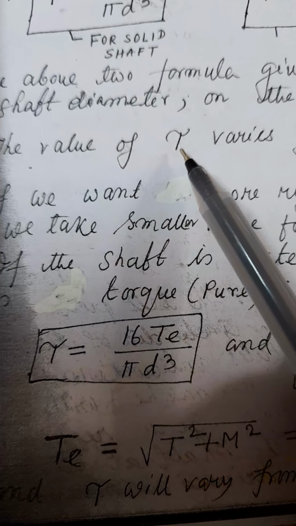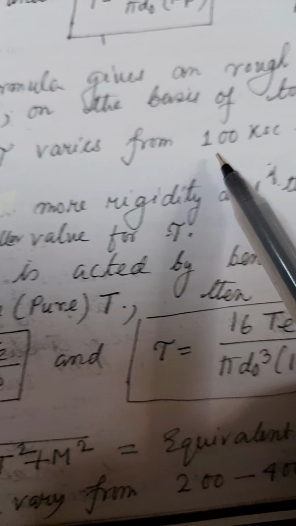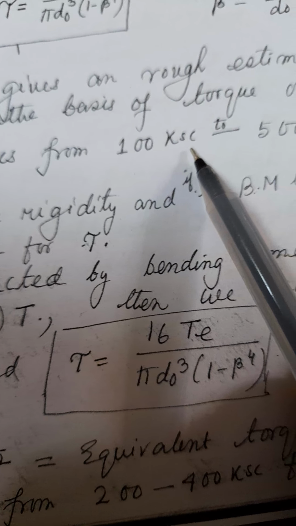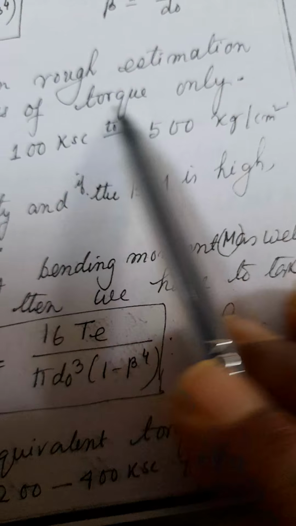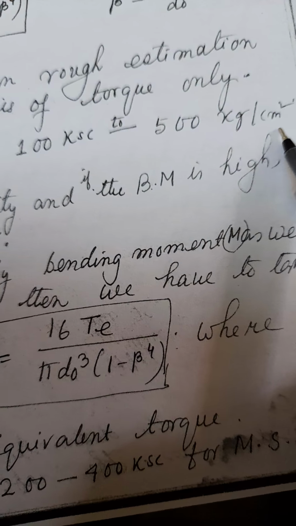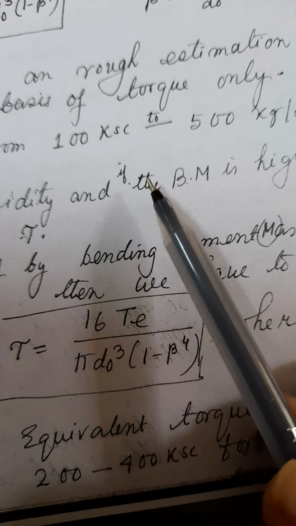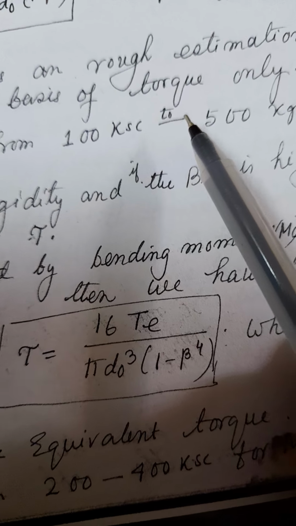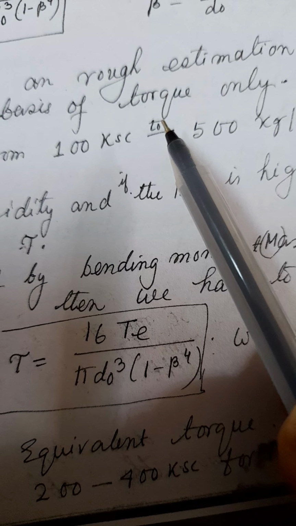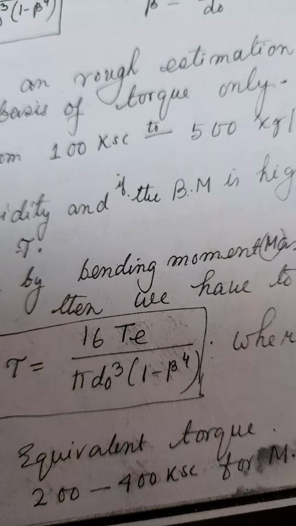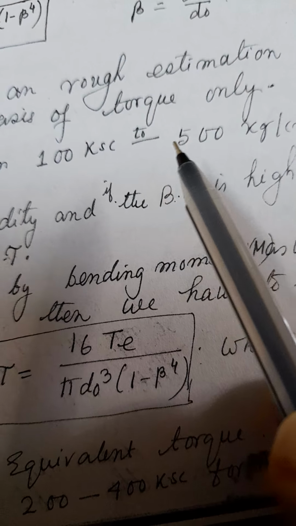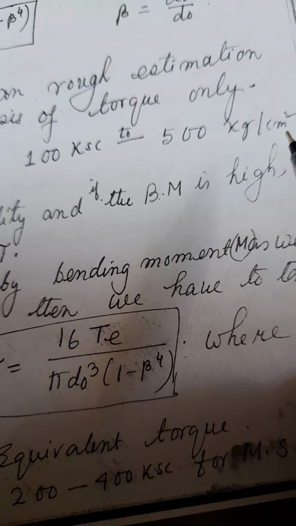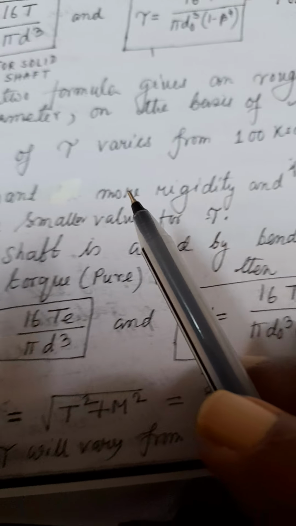The value of tau varies from 100 kg per centimeter square to 500 kg per centimeter square. You can convert it to Newton per millimeter square. There is no problem. If you multiply kg by g, that will be in Newton, and centimeter square you can convert to millimeter square.